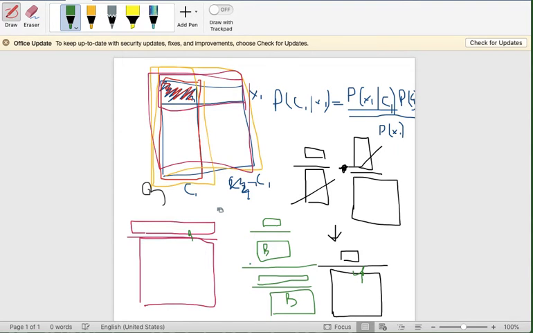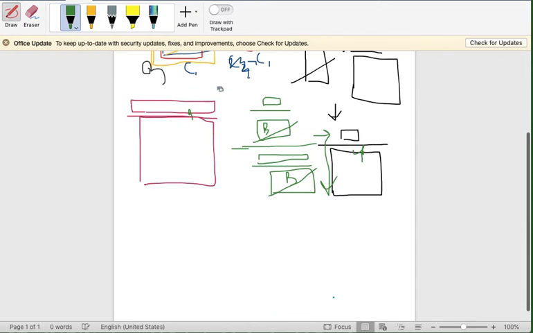Now, if you know your division rules, you know these two cancel out. What you're left with is the little rectangle on the top left, which is x1 and c1, divided by the long rectangle, and that is x1.